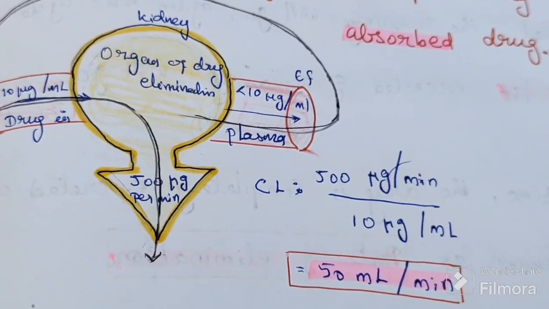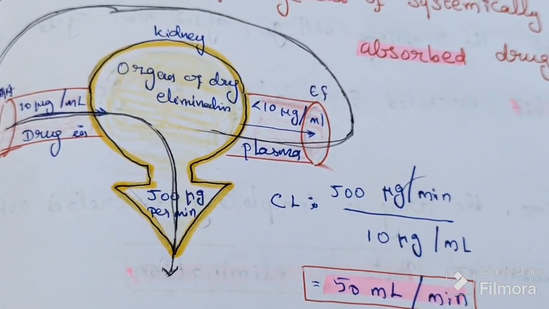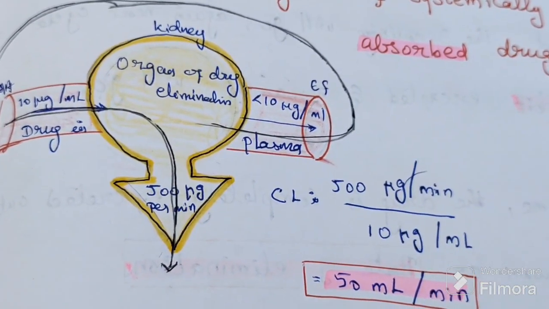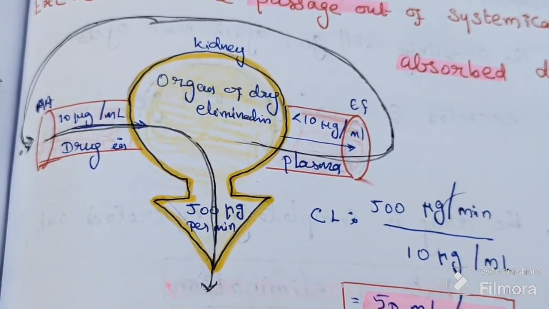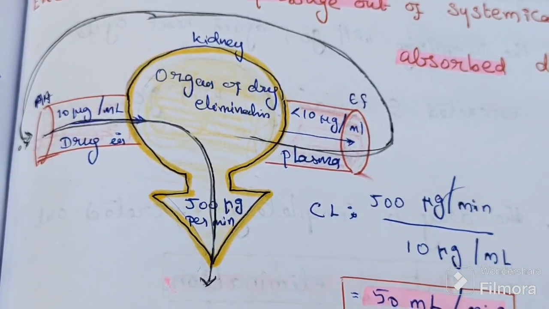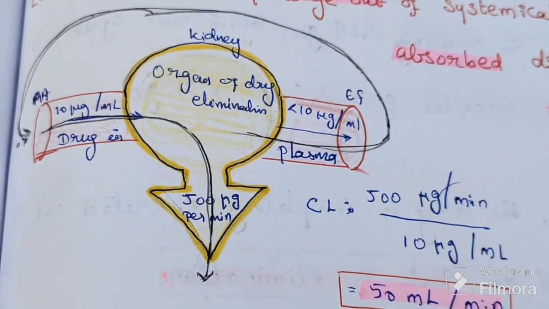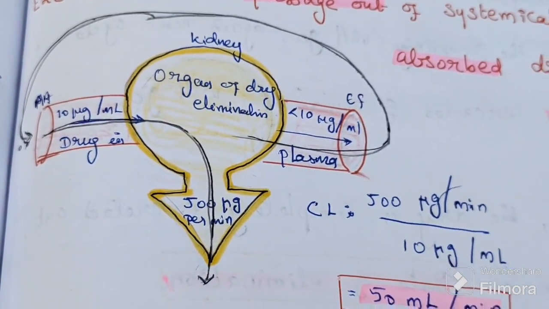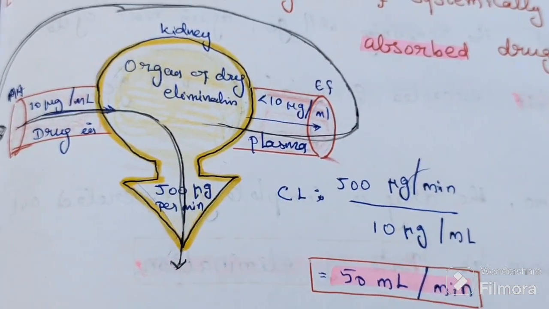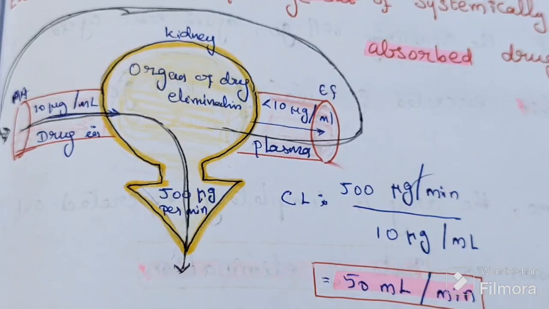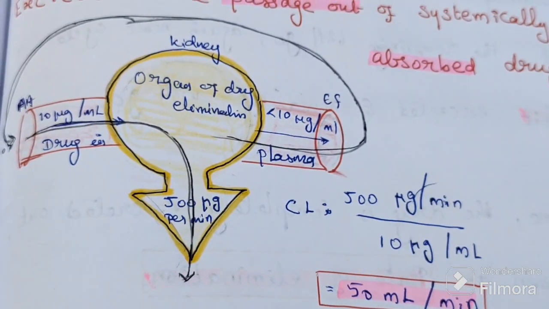If you want to clear 5,000 ml, every minute 50 is cleared, so 50 into 100 will be 5,000. So in 100 cycles it will be done.